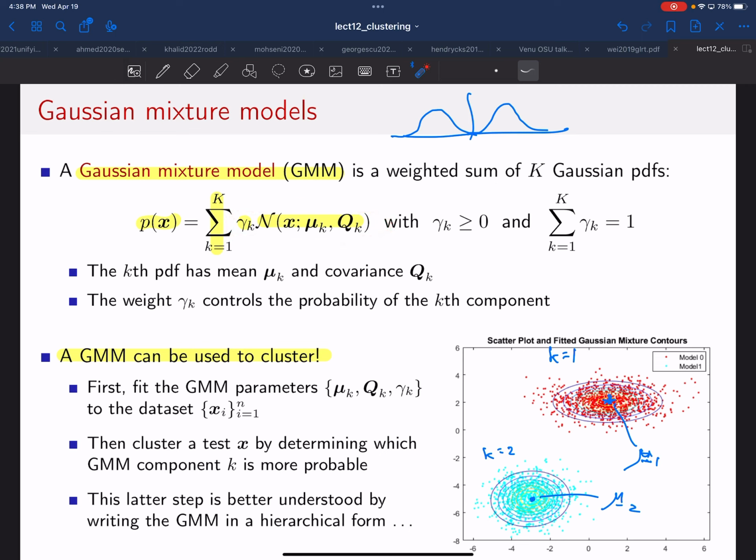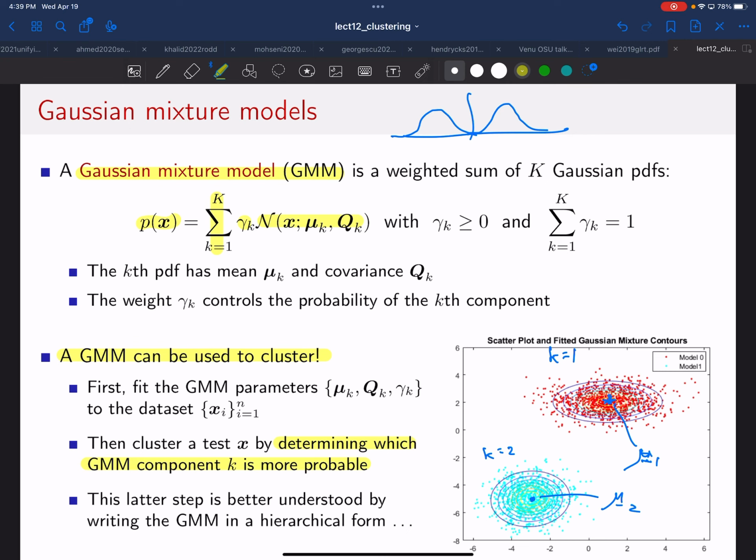So it's sort of like, given a point here, you could say, is this closer to this in the sense of probability, or is this point closer to this in the sense of probability? So that's the high level, but we have to understand exactly all the calculations that go into determining which GMM component is more probable.